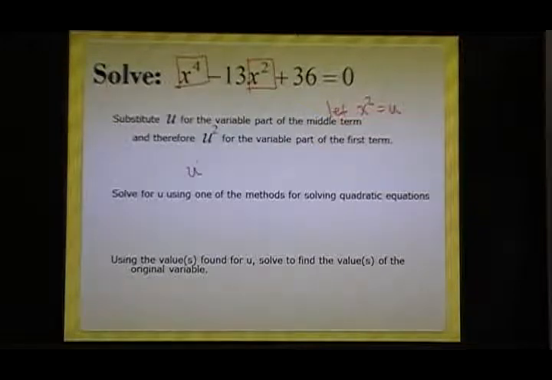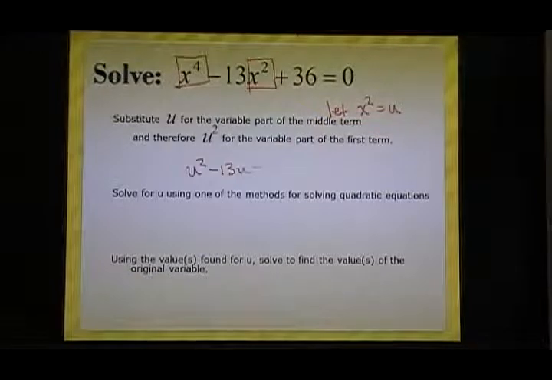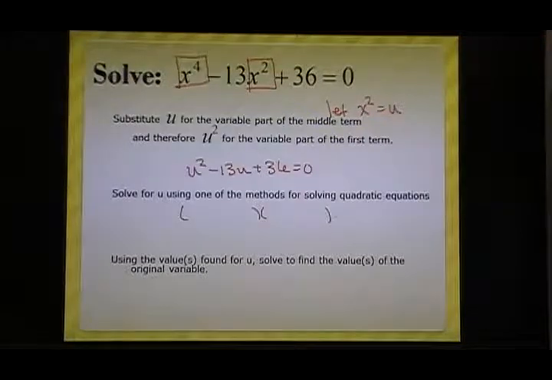So we have u squared minus 13u plus 36 equals 0. Trying to solve this again is also factorable. We can factor this into u minus 4 times u minus 9. And so we end up getting u equals 4 or 9 as our solutions.